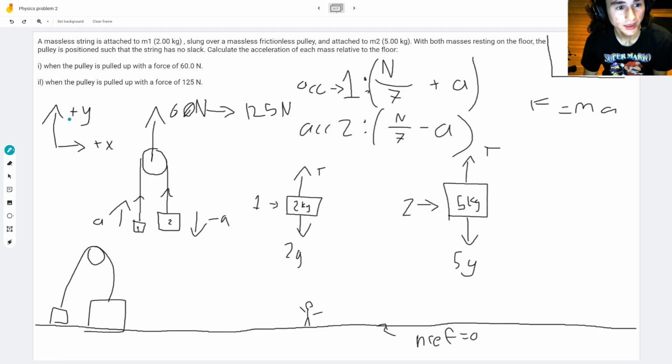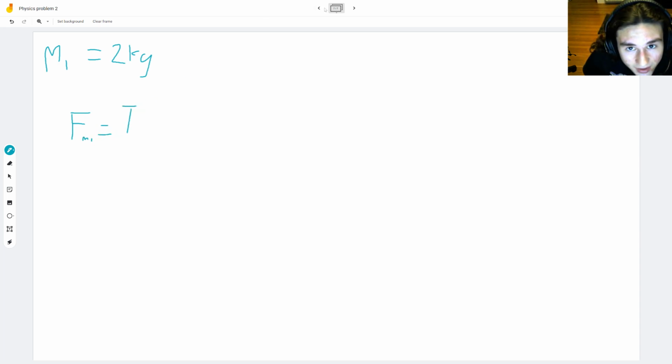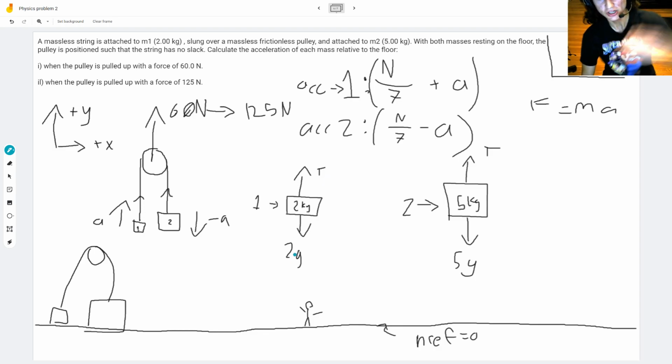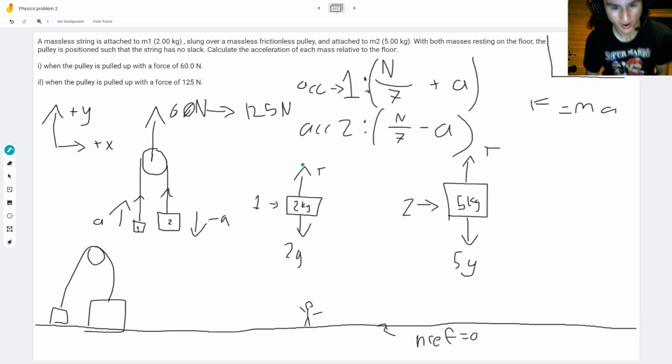I have stated that the positive y direction is upwards. So what I'm going to write is the sum of the forces of mass 1 equal, we have our T, and now 2g is being subtracted from it because it's going the opposite direction. So we have T minus 2 times gravity.